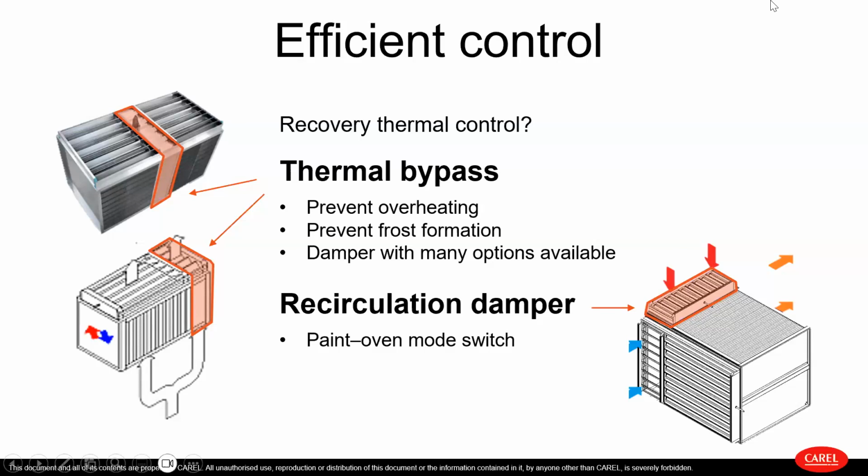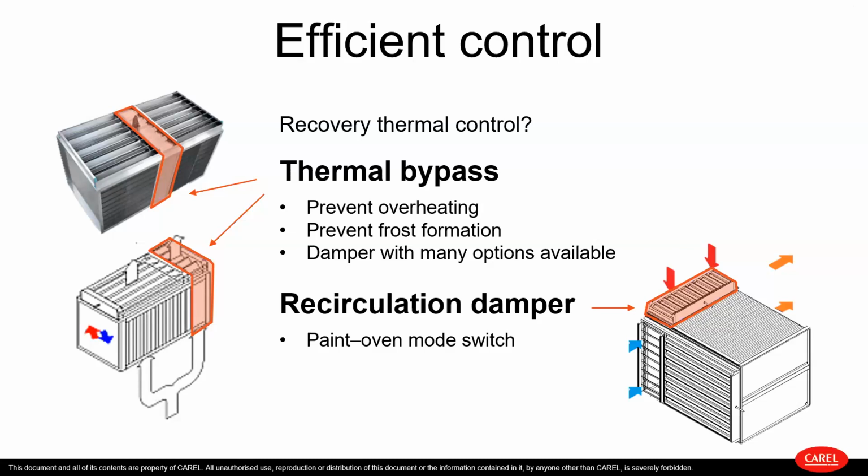It is a solution to control the performance of the plate heat exchanger in order to avoid any kind of overheating and to prevent frost formation. So it's a kind of gear to control the performance of the plate heat exchanger.